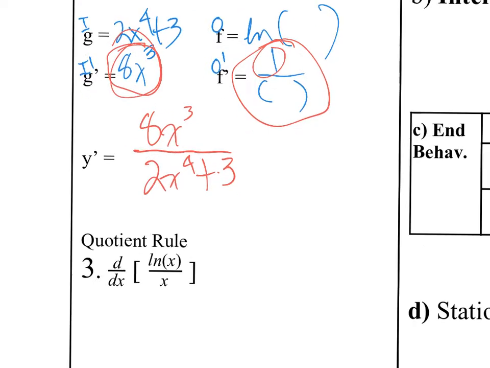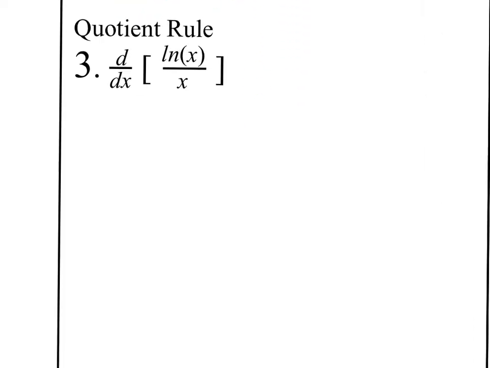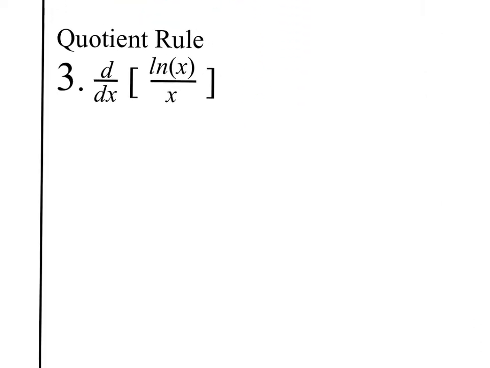Well, now let's do the quotient rule for ln x over x. So this is where we have top, bottom, top prime. You know what? I'm going to do something that one of the students did. He didn't suggest it to me, he was very humble, I just noticed that he did it.